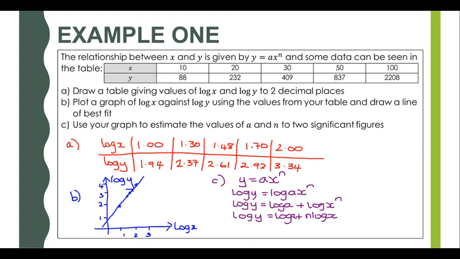If we compare this to our general form y equals mx plus c, then we get that log a is equal to our y-intercept, which if we look at our graph is approximately 0.5.